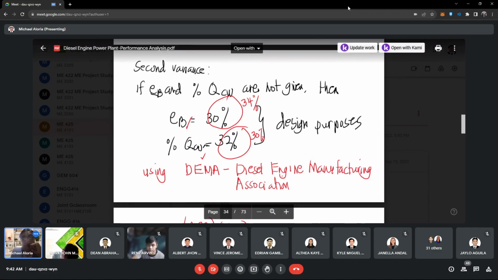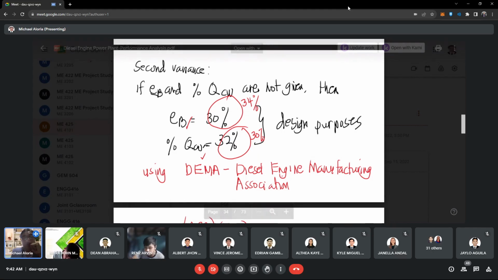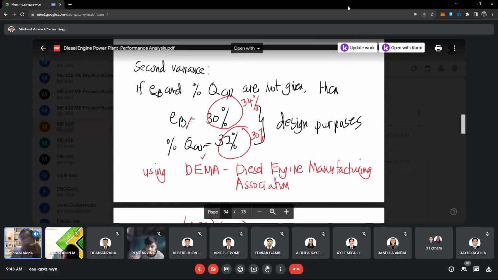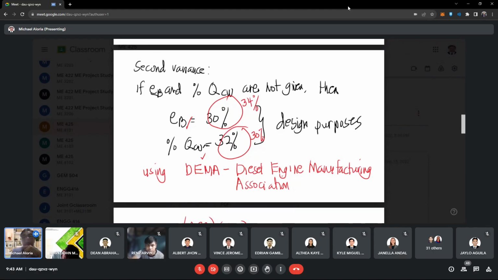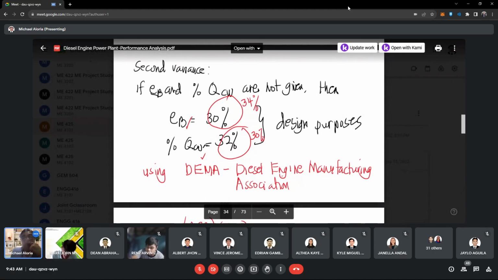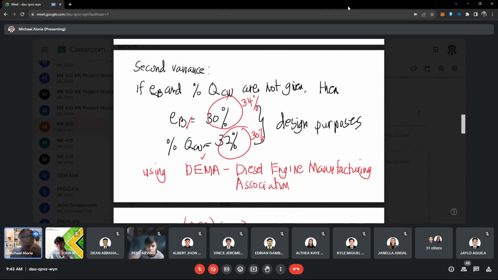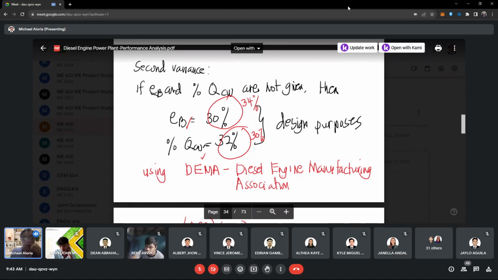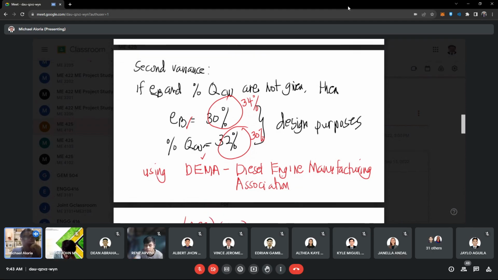Gets? Baliktad. Kapag yung useful output mo, pagka design purposes, you will assume the minimum value. Kapag naman losses, for design purposes, you will use the maximum value instead of the minimum value. So, sa EB natin, sa brake thermal efficiency, you can use 30% instead of 34%.